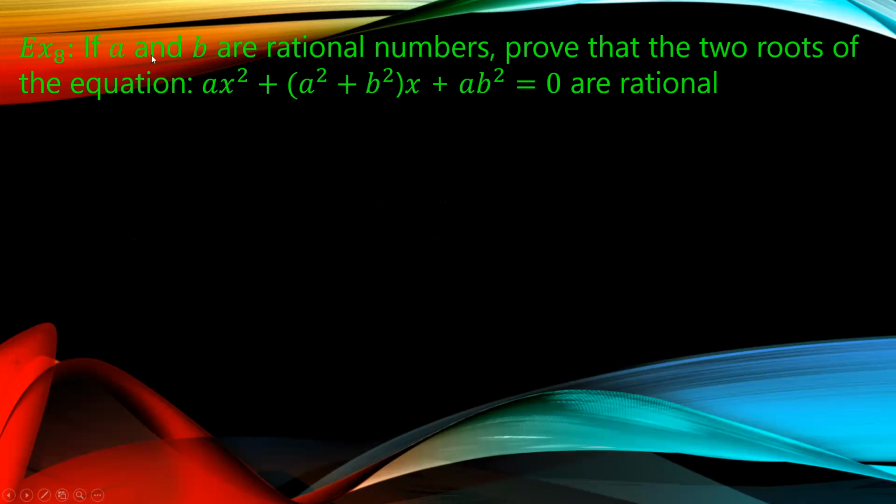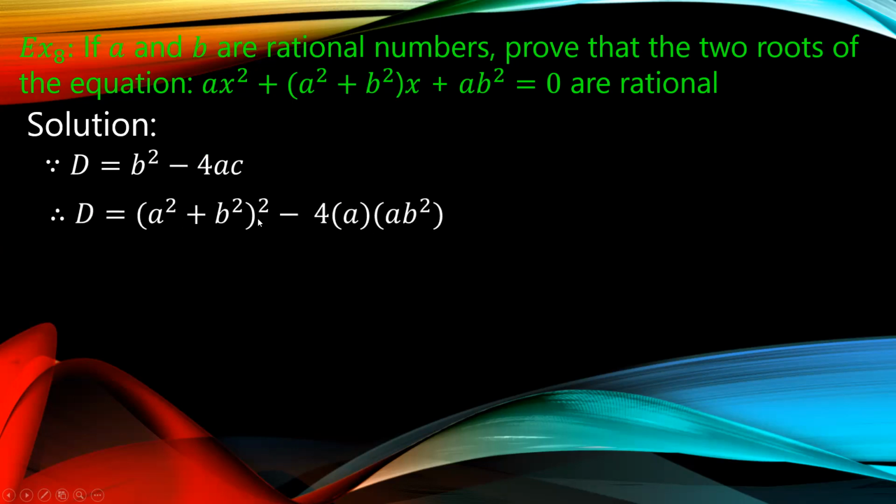Since a and b are rational, c is also rational, because multiplying two rational numbers gives a rational number. The discriminant b^2 - 4ac equals (a^2 + b^2)^2 - 4a times ab^2.